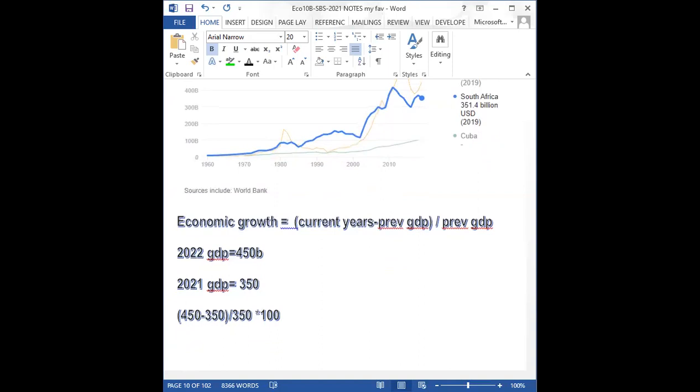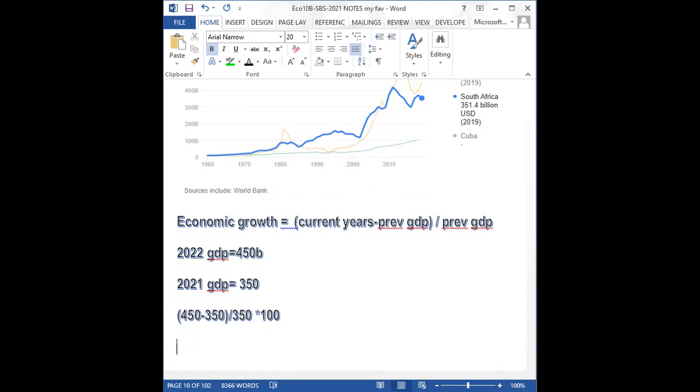If you have a calculator, we are able to calculate those elements. Let me just calculate them to see the percentage growth. 450 minus 350 is 100.